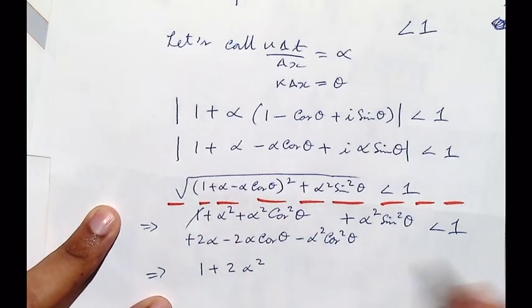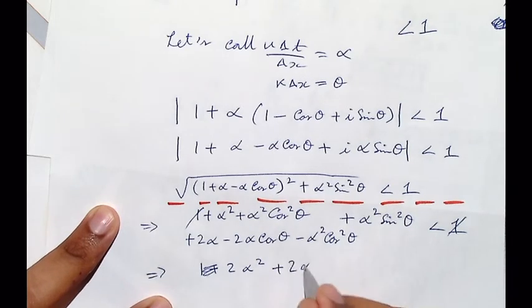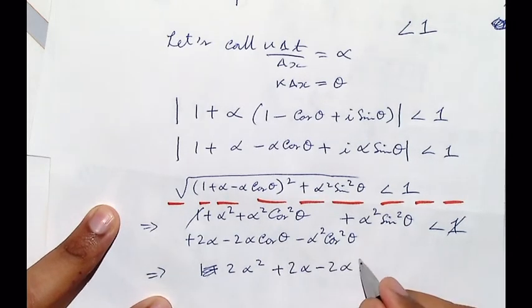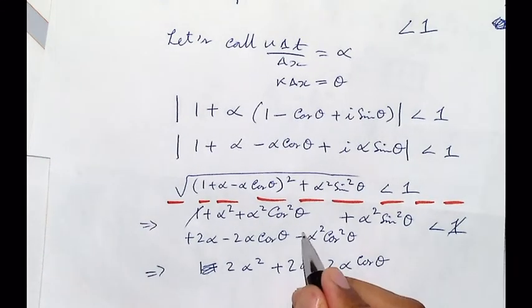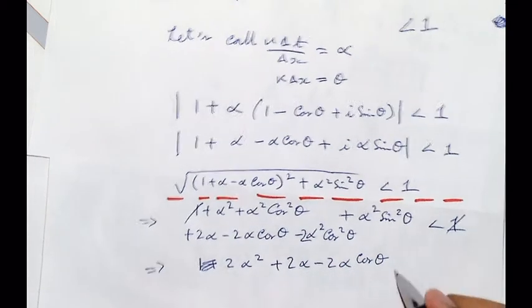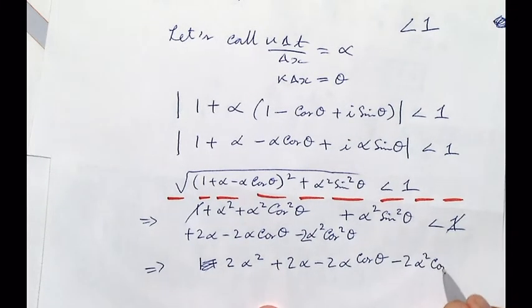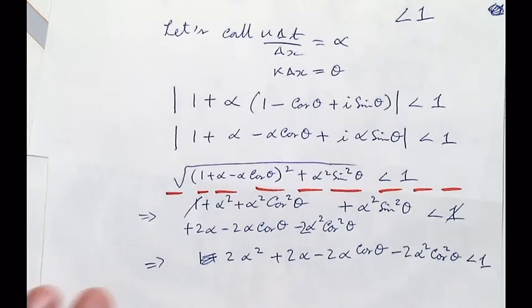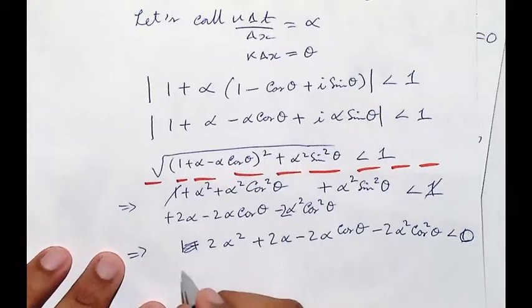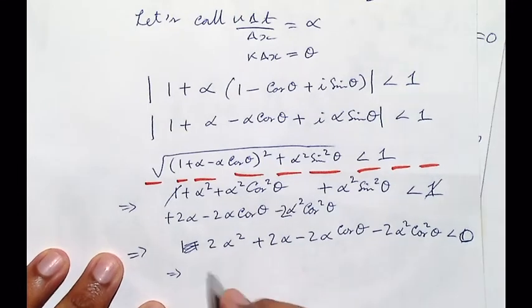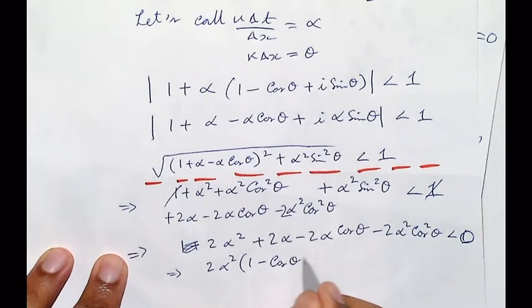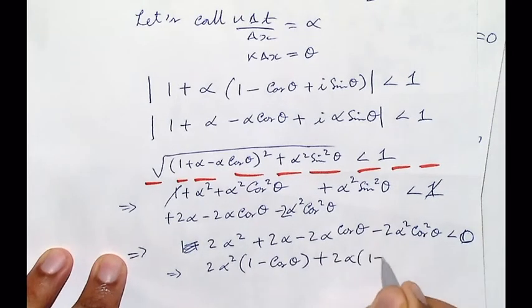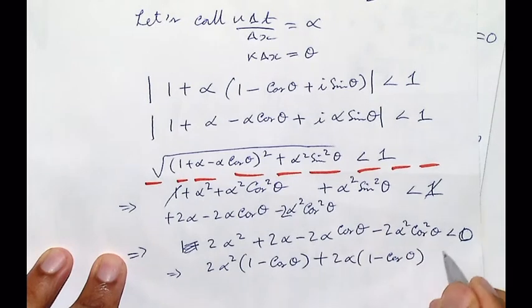Let's cancel the 1. So this becomes 0. So we have 2 alpha squared plus 2 alpha minus 2 alpha cos theta. Did I make a mistake? Yeah, there's a 2 here. Minus 2 alpha squared cos squared theta is less than 0, which means 2 alpha squared into 1 minus cos theta plus 2 alpha into 1 minus cos theta less than 0.